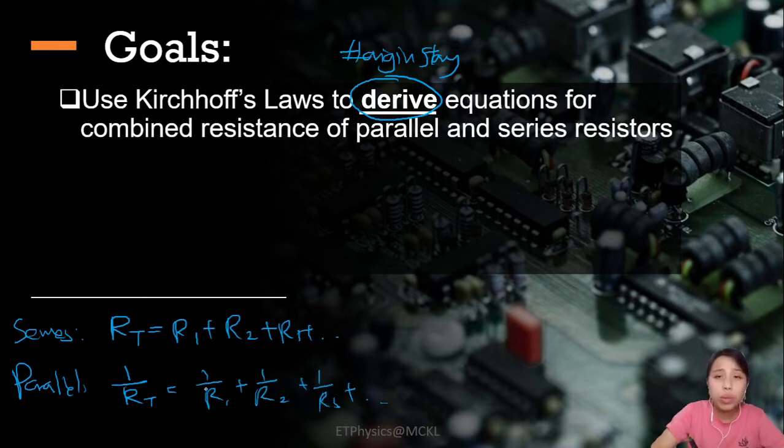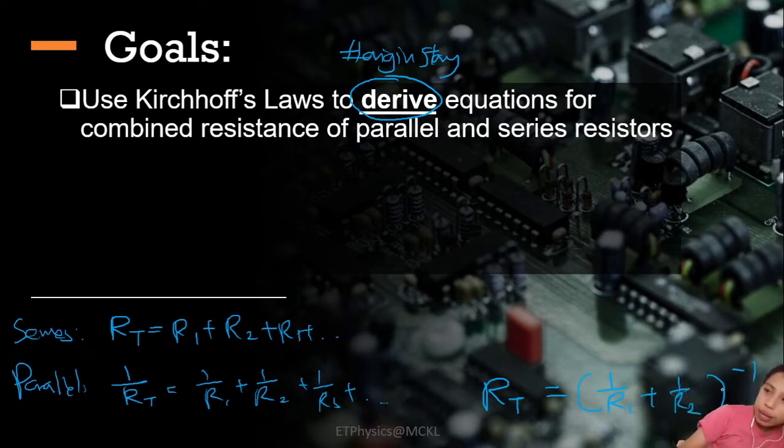Of course, if you want to find R total, then you have to rearrange: R total equals invert everything, so (1 over R1 plus 1 over R2) to the power of negative 1. The negative 1 means 1 over. Just a reminder.